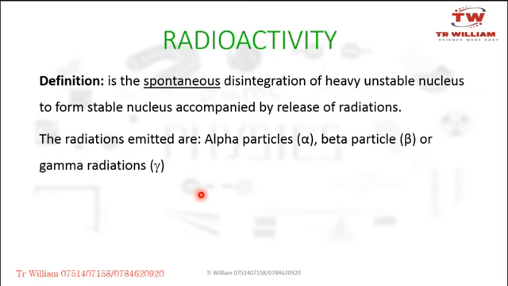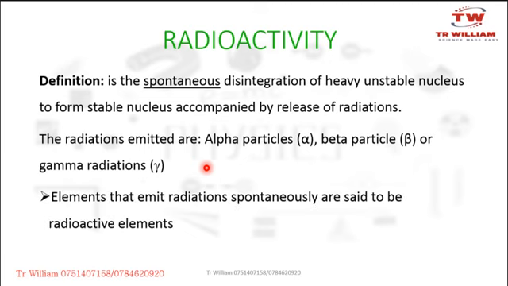If an element, it can be carbon, magnesium or sodium, emits any of these three radiations, then we say that element is undergoing radioactive decay, and therefore we term it a radioactive element.